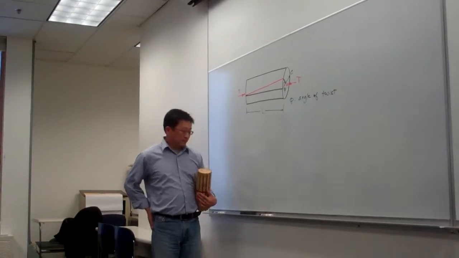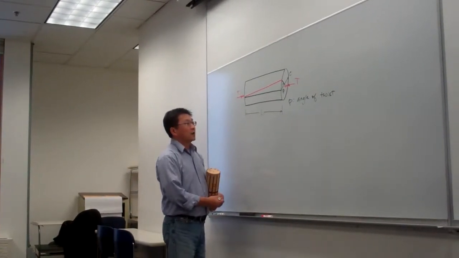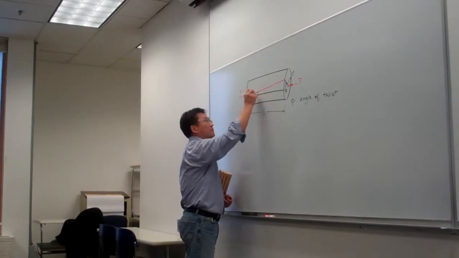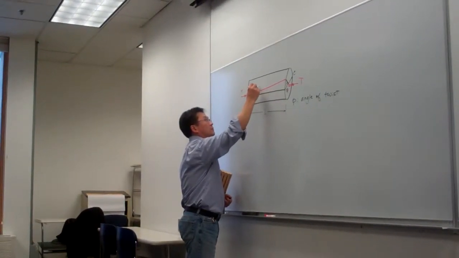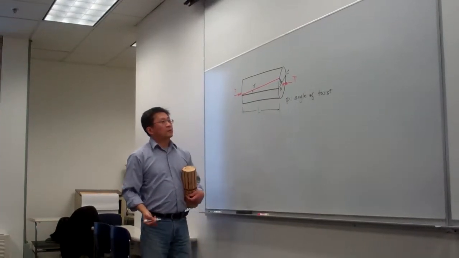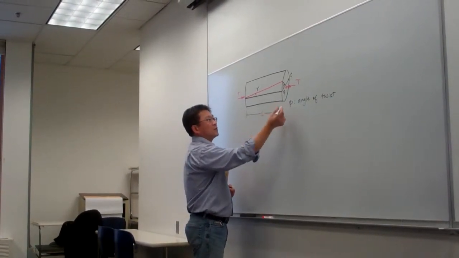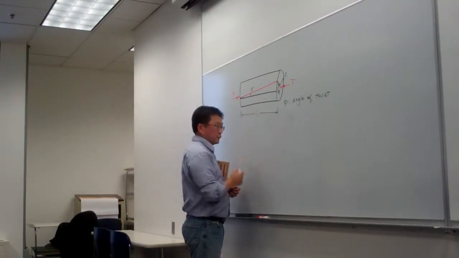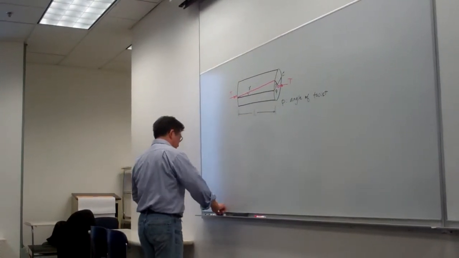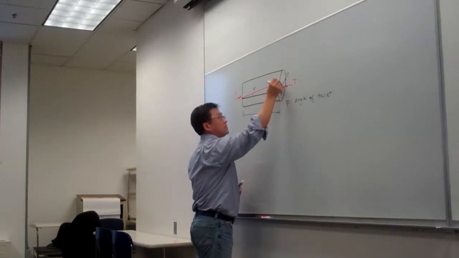From here, let me add one more label, and call this gamma. From here you can see gamma can be related to phi through this arc length.